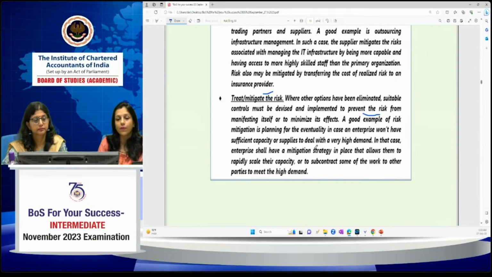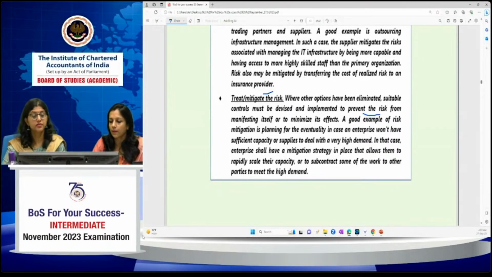First of all, find out the chapter, as ma'am told you in the beginning: risk management strategy, that means chapter number 1. Then try to define each and every risk, where we can apply them, and then you find the right answer. It's not eliminating, and it's not transfer the risk. We are mitigating the risk by taking the help of the other party to minimize its effect. That's true.